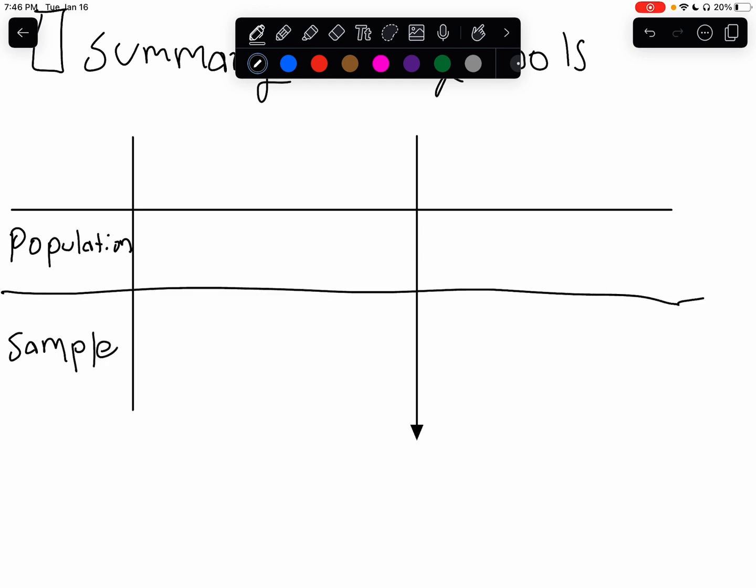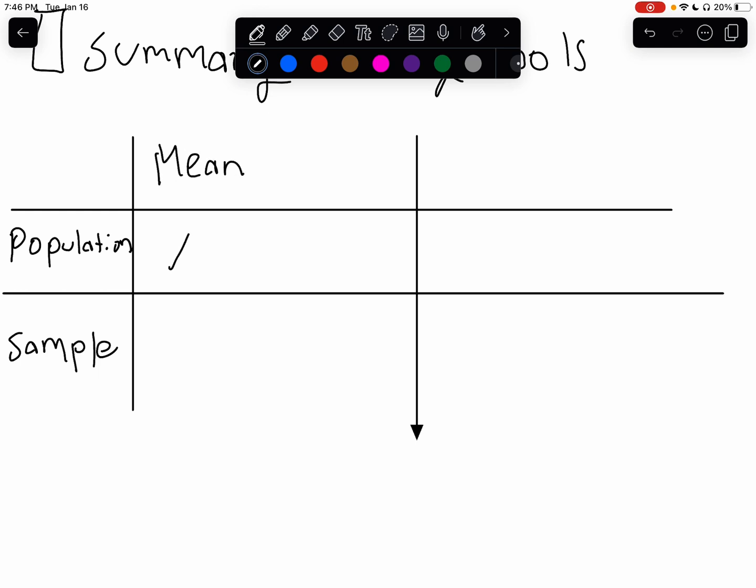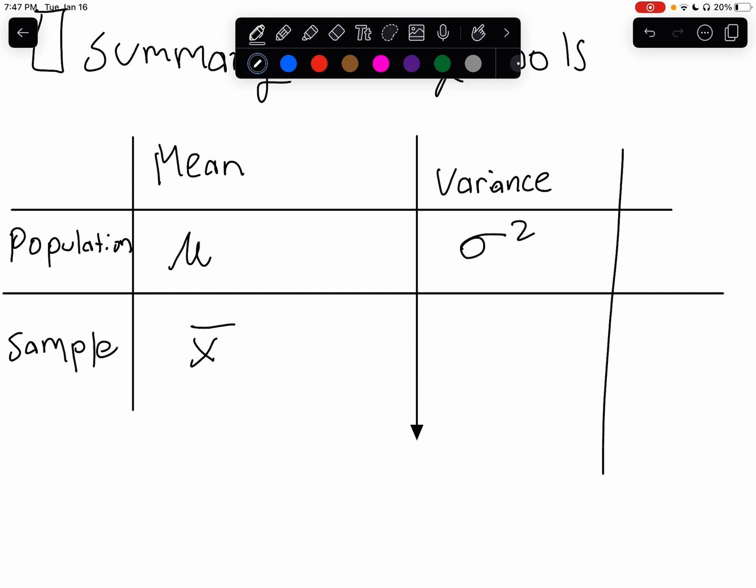Remember, our mean in our population is mu, while in sample it is x with a bar. Our variance, as we go down, is sigma squared for population and s squared for sample. In standard deviation, it's sigma and then s. So you see that these values relate in some form or another.